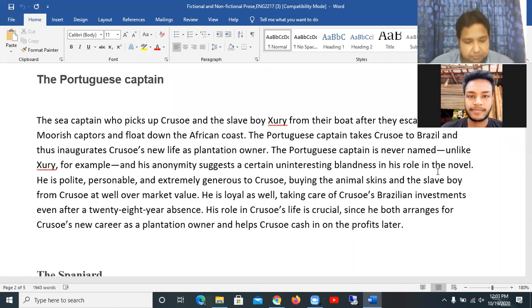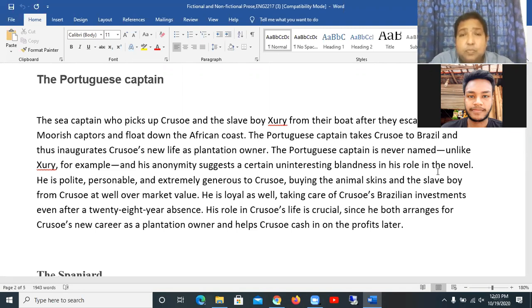The Western civilization we see nowadays is based on three agricultural products: sugarcane, tobacco, and the plantation of cotton.